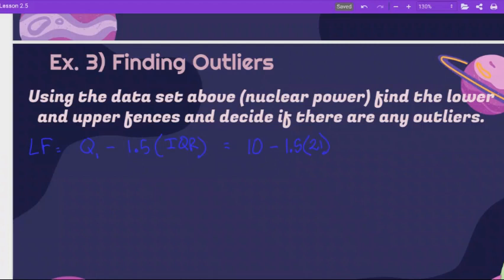And when I calculate all this, I get a value of negative 21.5. So that means if there are any numbers lower than negative 21.5, they would be considered an outlier. If we go back and look at all our data, there is not a number less than negative 21.5. So there are no lower outliers.